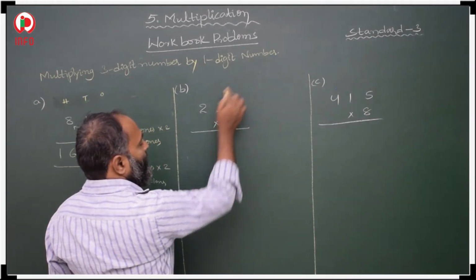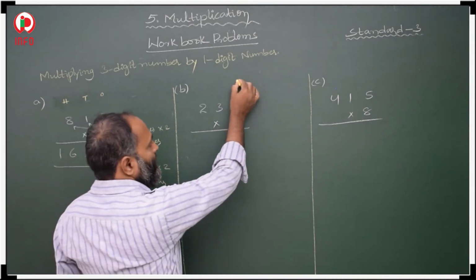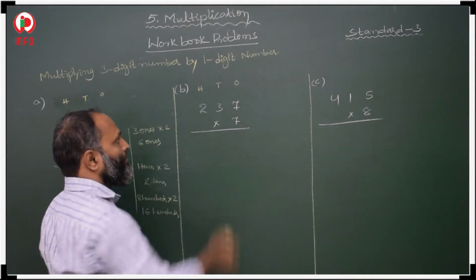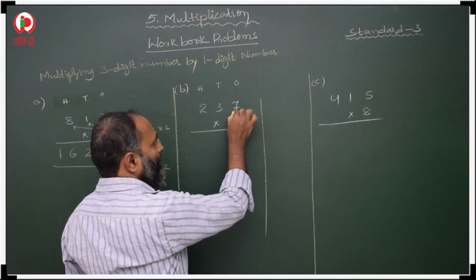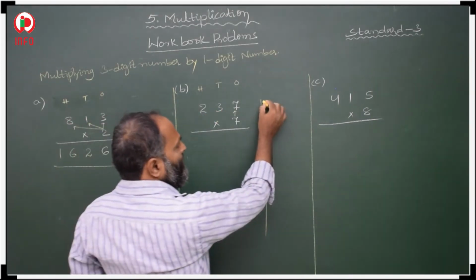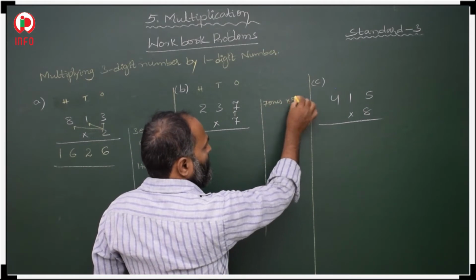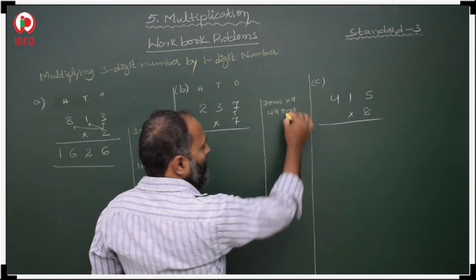Now, in the second question, 237 with 7. So this is our ones place, tens place, and hundreds place. Now we have to multiply 7 with this 7 in ones place. How many ones are there? 7 ones. 7 sevens are 49 ones. 49 ones.